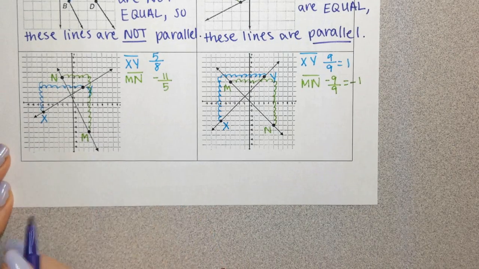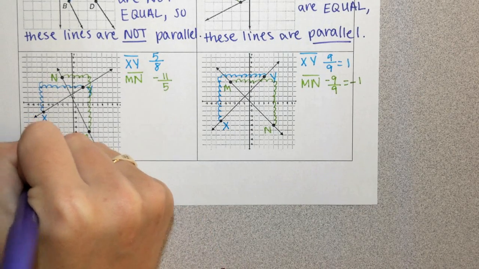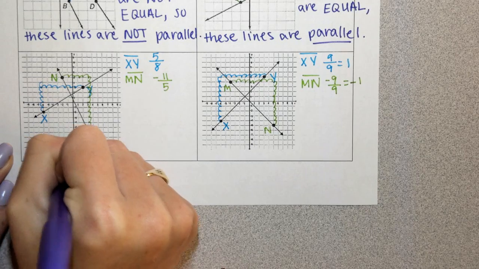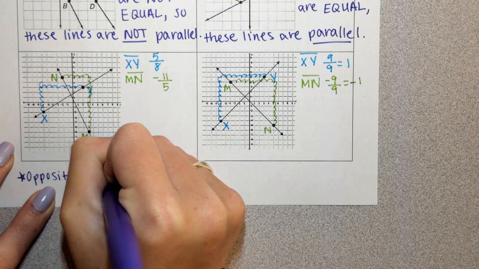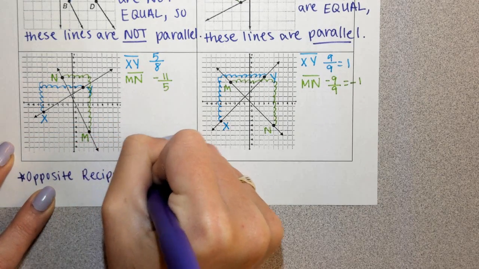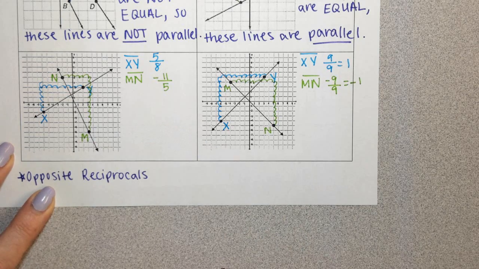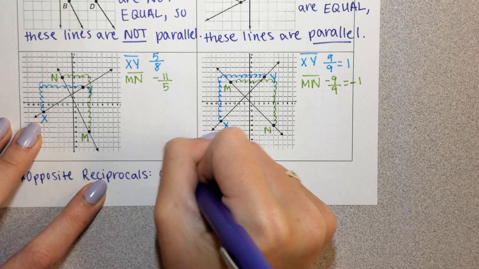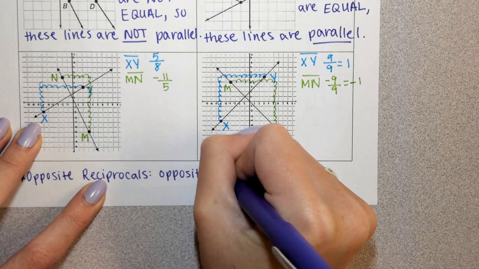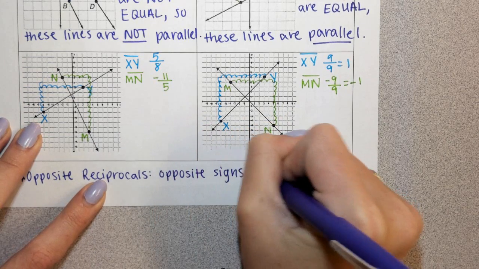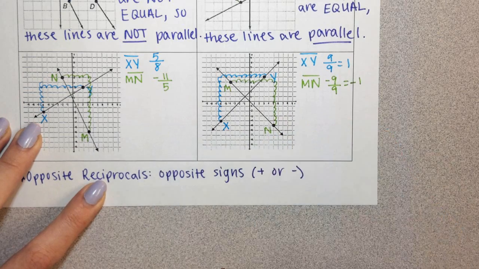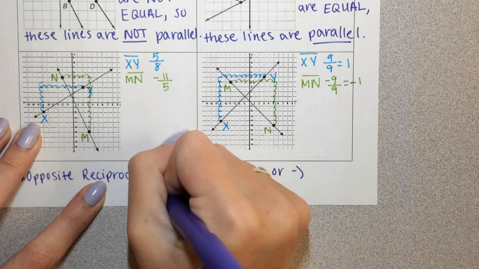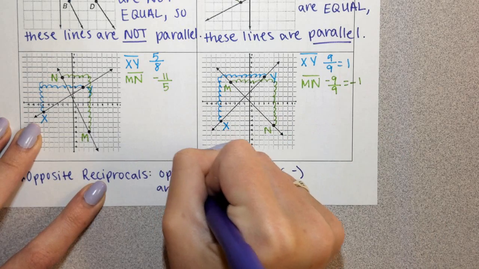If you just want to make a little note down here, opposite reciprocals, that's how you spell it. Opposite reciprocals are two slopes that have opposite signs, so positive or negative, and a flipped fraction.